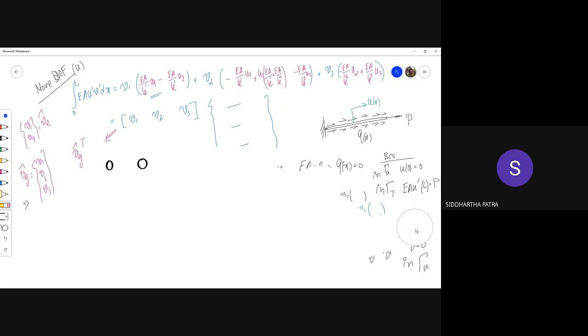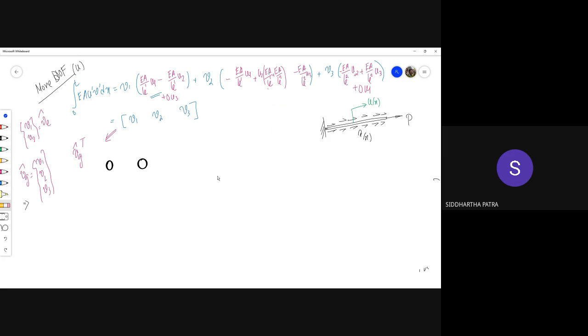If I also do some manipulations, for instance, if I write this thing to be plus 0 u3 and this thing to be plus 0 u1, then I can also take the global u hat vector, which would basically be u1, u2, u3, and put a matrix in between. And can you fill up this matrix?